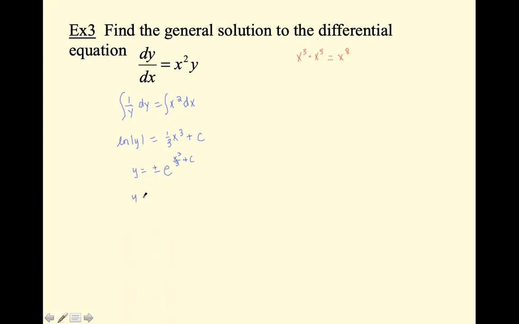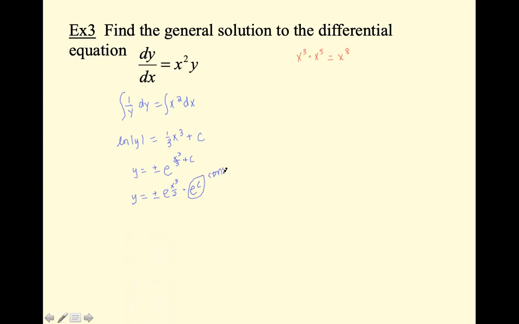So this can be written as y equals plus or minus e to the x cubed over 3 times e to the c, right? It had to be multiplied by the same base to get those exponents, and that is an exponent. This is still a constant. e to the c power is still a constant.